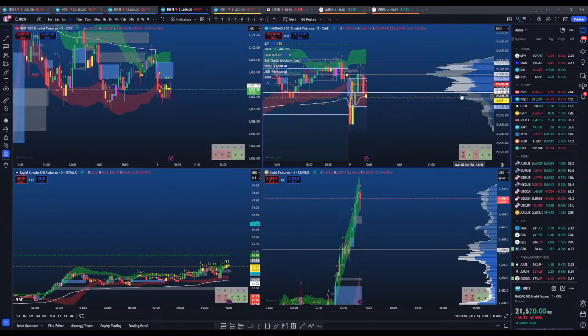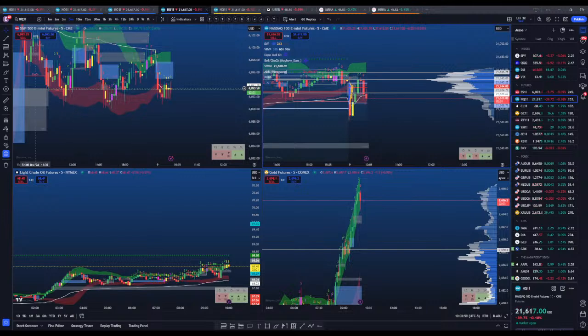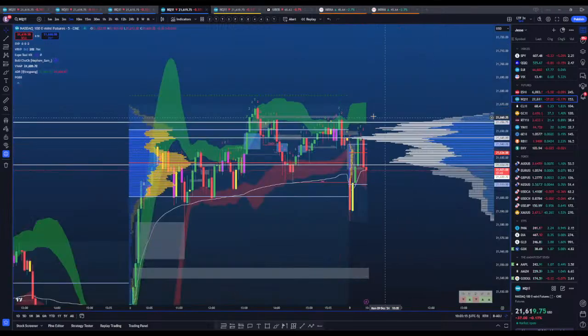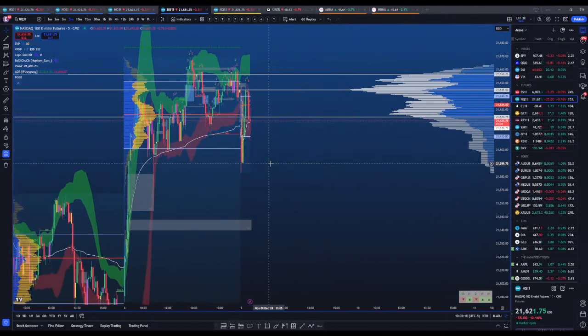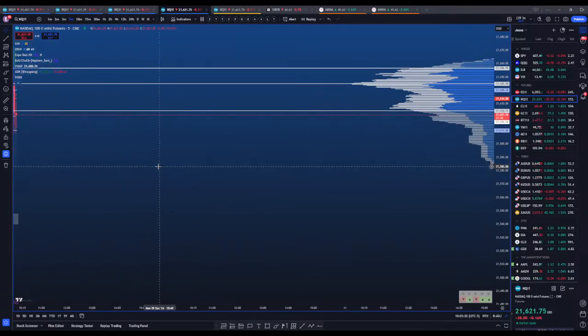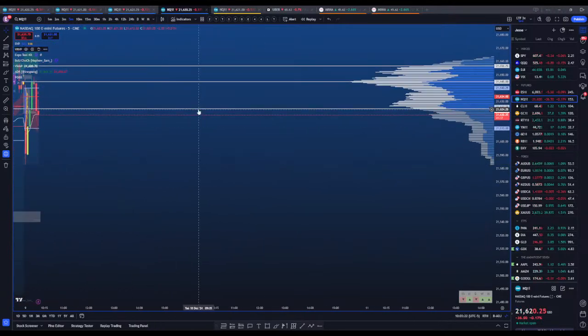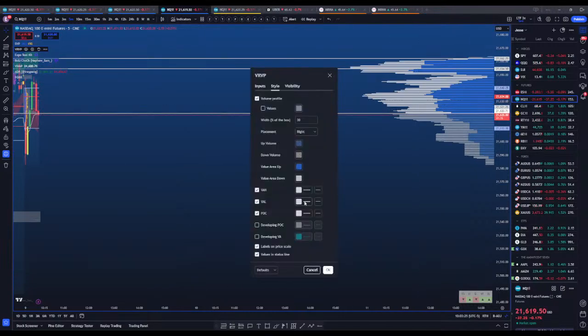All right. Could be getting a good looking short here, out of this fair value gap on the 5. All right. But the weekly plan, let me start with that while we're looking over here. Screenshot this so you guys don't have to look. All right. What's going on here?